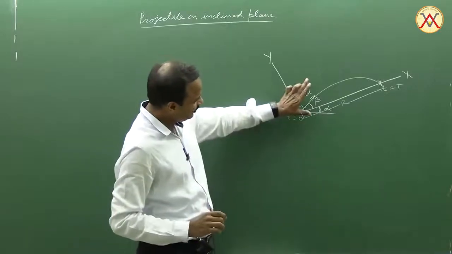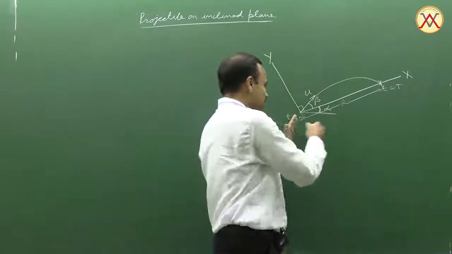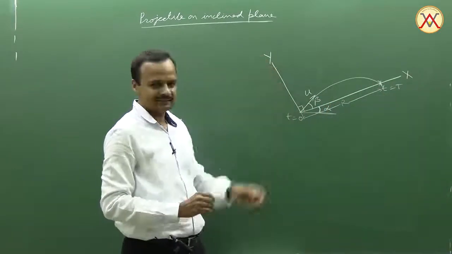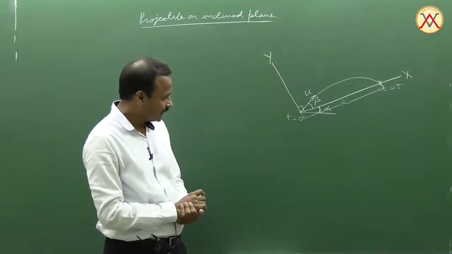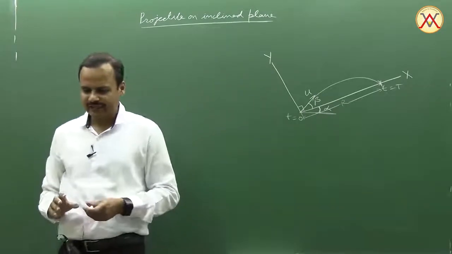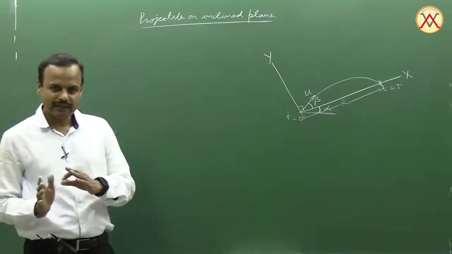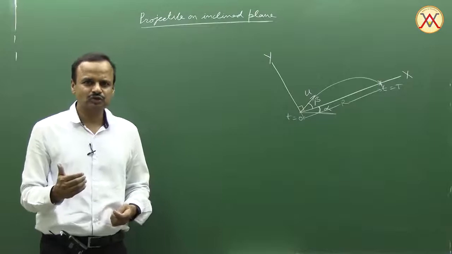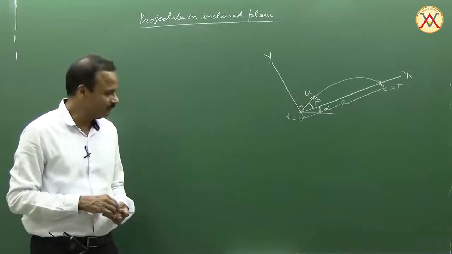So I have turned my axis. Rather than taking horizontal and vertical, I am taking the x-axis along the incline and the y-axis perpendicular to the incline. This change has both advantages as well as disadvantages, but the advantages are stronger in most of the problems.